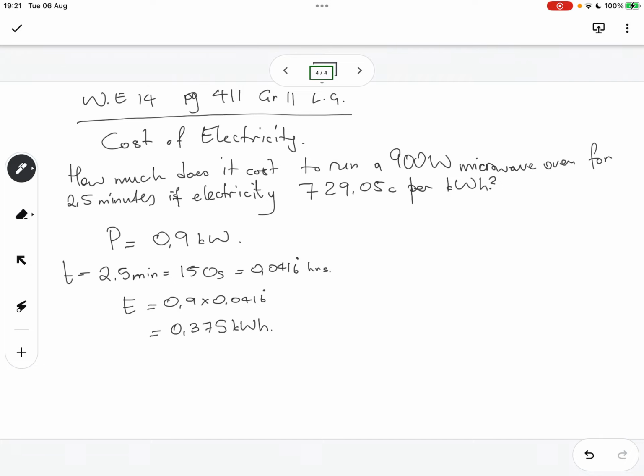That's crazy. So running a microwave for 2.5 minutes and you're just making popcorn at the time. Noodles. Noodles, popcorn. My grandma, as soon as she hears that microwave go, oh dear.